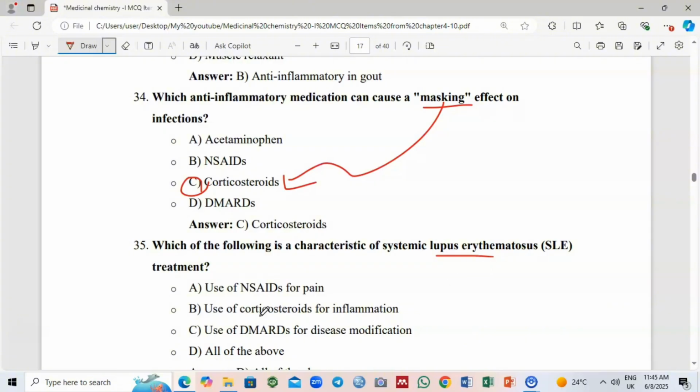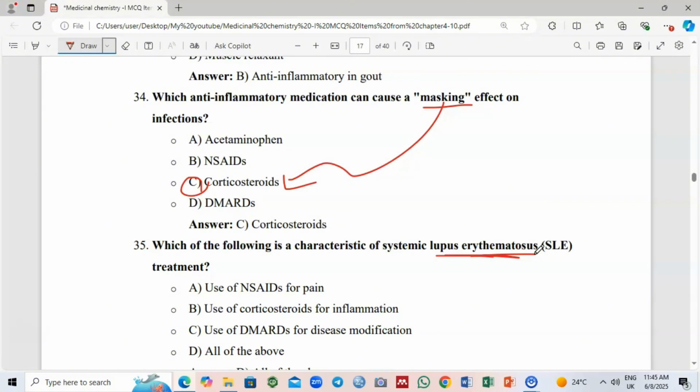Before seeing the answer, it is very nice to know some concepts about systemic lupus erythematosus. This is a complex autoimmune disease that can affect multiple systems in our body. It is a chronic autoimmune condition where the immune response may mistakenly attack healthy tissue, with symptoms such as fatigue, joint pain, skin rash, photosensitivity, as well as organ involvement.